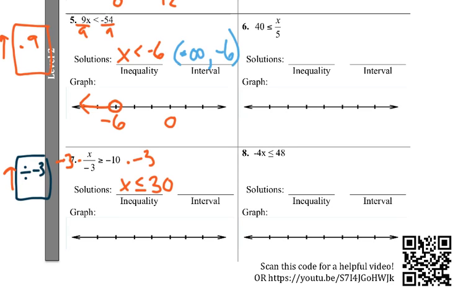In other words, if we're going to take any number and divide it by negative 3 and still get a number bigger than negative 10 or equal to it, then I need to pick any number that is smaller than or equal to 30. If I pick any number bigger than that, it's not going to work.